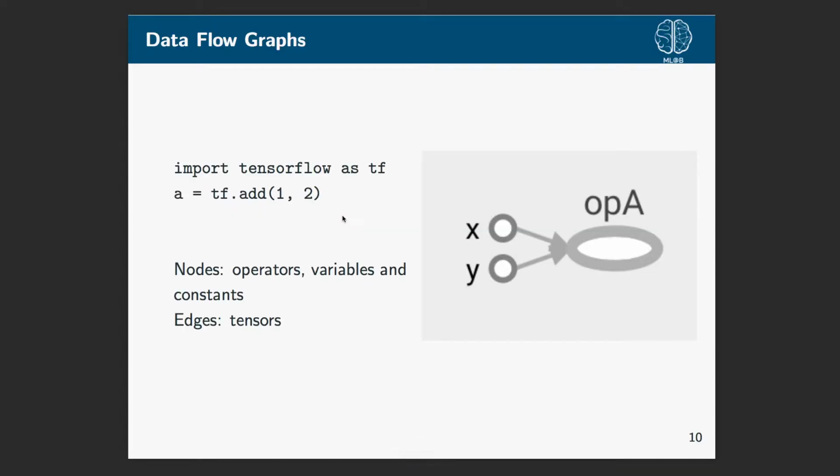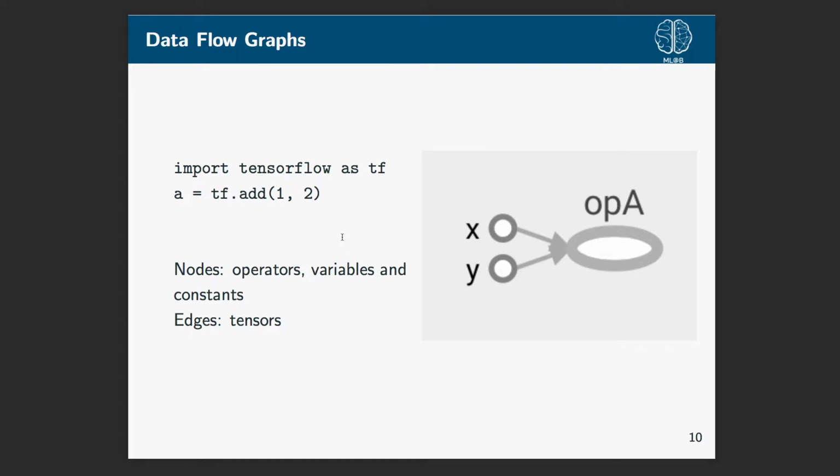Graphs are, in a sense, this is a very simple graph describing an addition operation. The nodes are the operators, variables and constants, and the edges are the tensors. What this code does is define a graph and assign the variable a, which is the output of the graph if it's evaluated, but it hasn't been evaluated.